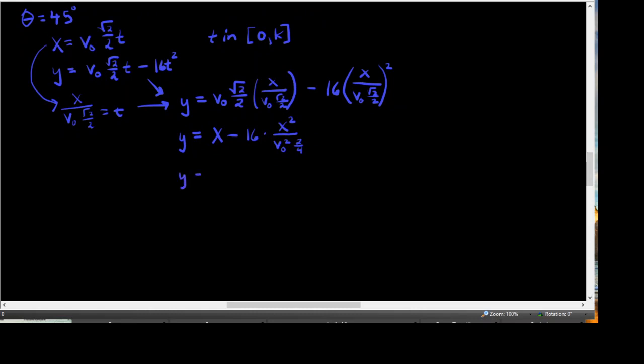And so that simplifies to 16x squared over v sub naught squared. And of course, 2/4 reduces to 1/2, and to divide by 1/2 is the same thing as to multiply by its reciprocal. And so we end up getting y equals x minus 32 x squared over v sub naught squared.